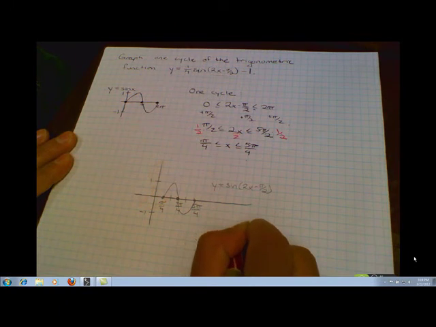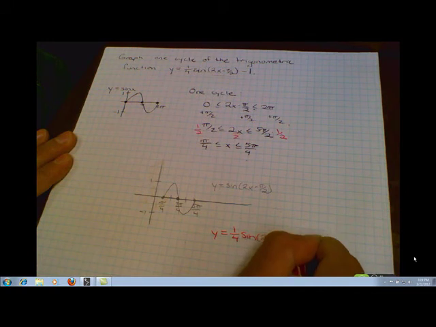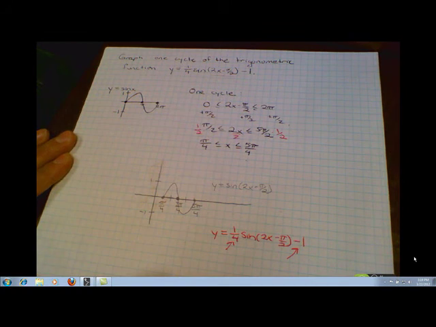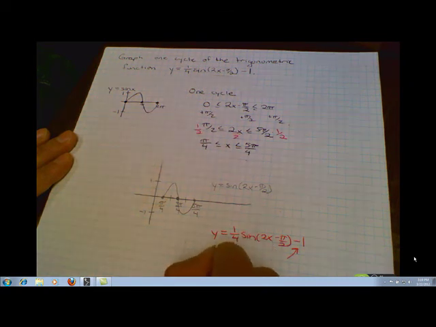Now let's account for the vertical transformations. What we were actually asked for in the problem is the graph of y equals 1/4 sine of 2x minus pi over 2, minus 1. So we still need to take care of the 1/4 and the minus 1. And we're just going to use our rules for transformations that we've been using all semester.